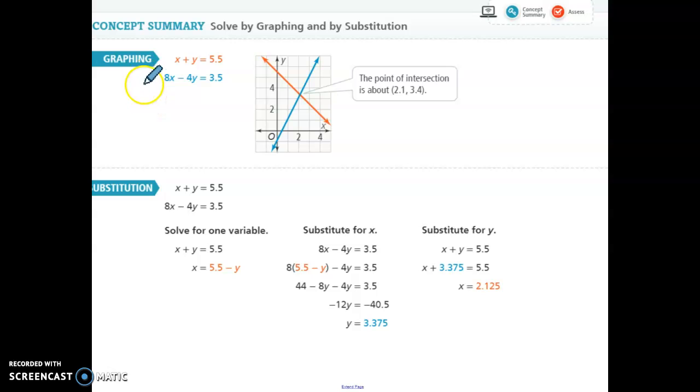If you have graphing, you just look for the solution, and in this case, I can't tell exactly what the solution is going to be, so I would go back and look for substitution. I would solve for one variable. It doesn't always have to be for x. Sometimes you might solve for another. Solve for one variable, substitute back.